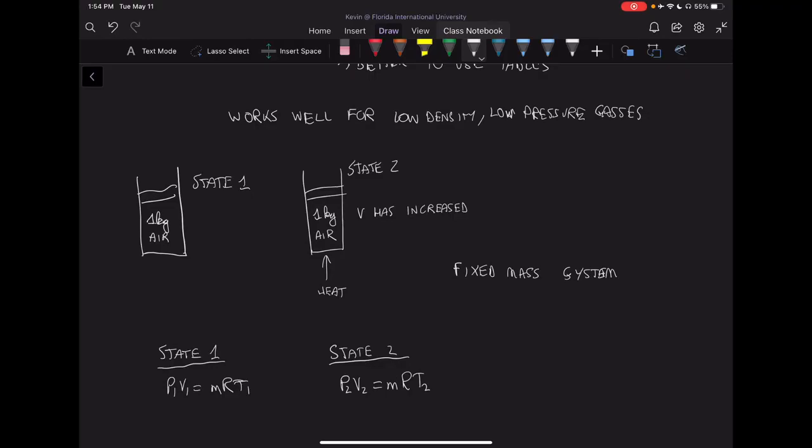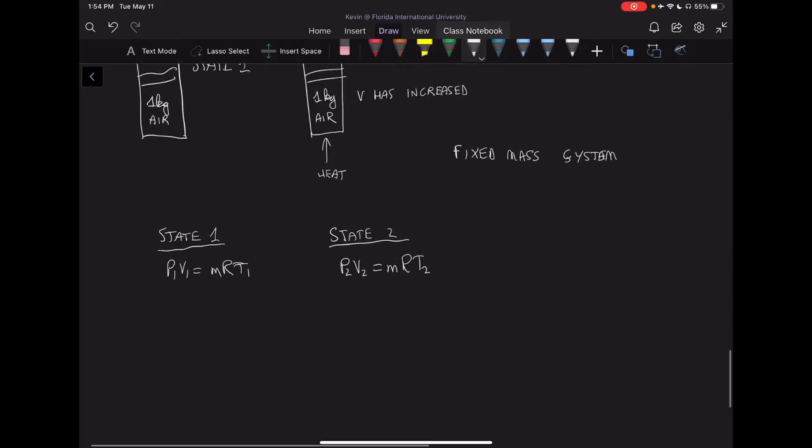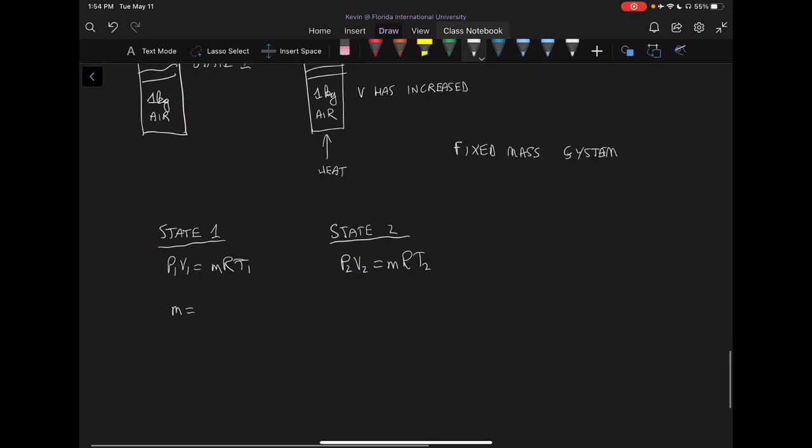Now, notice that the mass is constant. So we can rearrange this equation to say mass is equal to P1 V1 over R T1. And here the mass is equal to P2 V2 over R T2. Now, the R is also the same. So the gas constant, the gas hasn't changed. So the R is the same between the two states. And so now we can simplify the equation and we can make these two equations equal to each other.